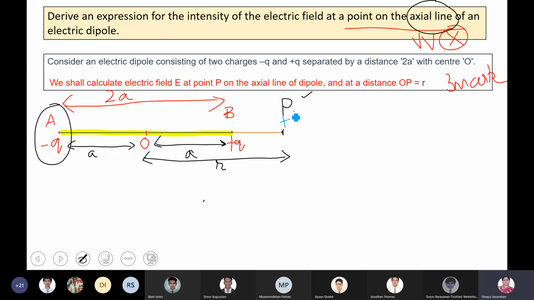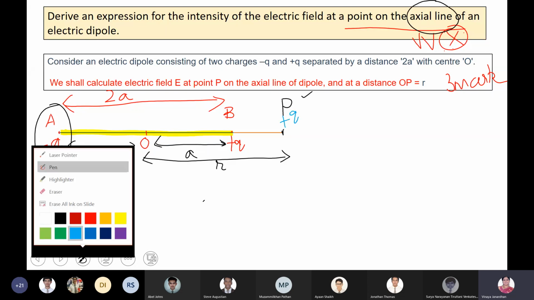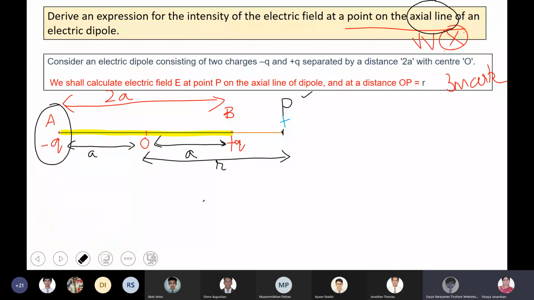I have to place a test charge of plus 1 coulomb here. The magnitude of the force it experiences gives you the strength of the electric field.